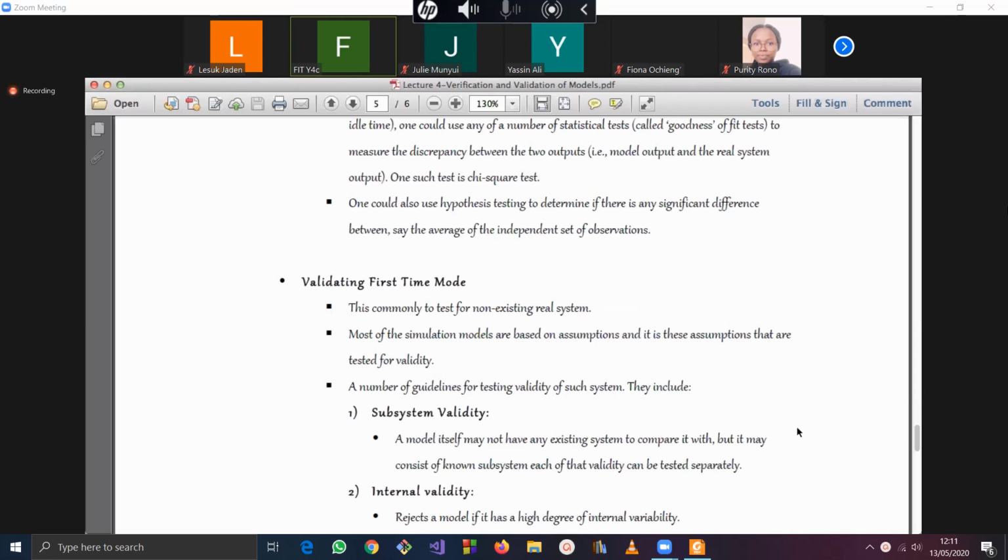In other words, you are checking the various parts. Remember, a system we assume is made of small sections. So can you check the performance of those sections that form the whole? A model itself may not have any existing system to compare it with, but it may consist of known subsystems. The validity of each can be tested separately. A continuation on what I was discussing.